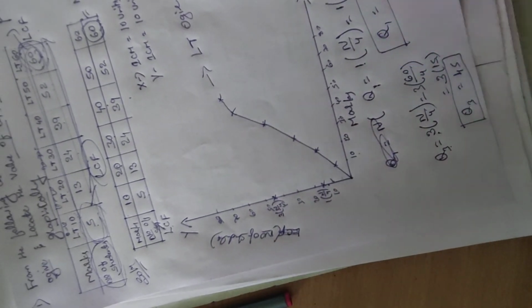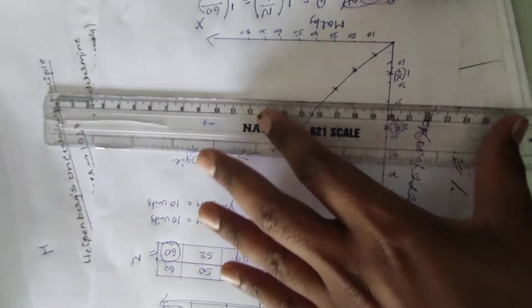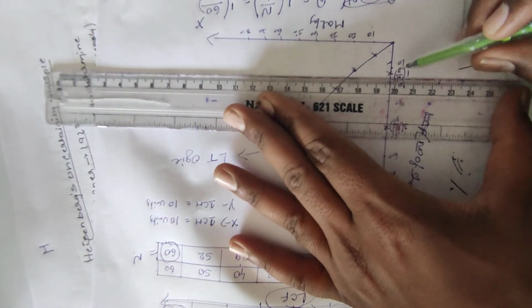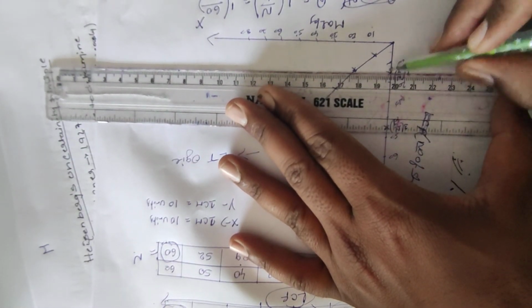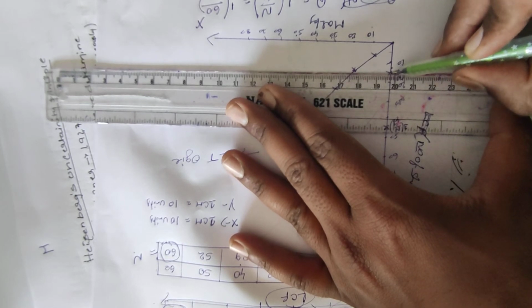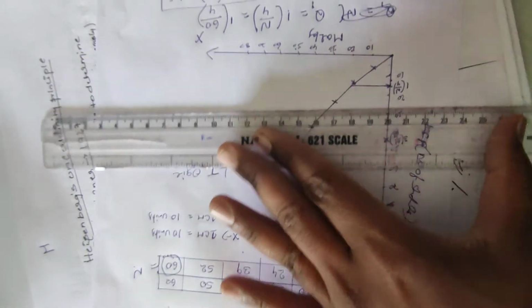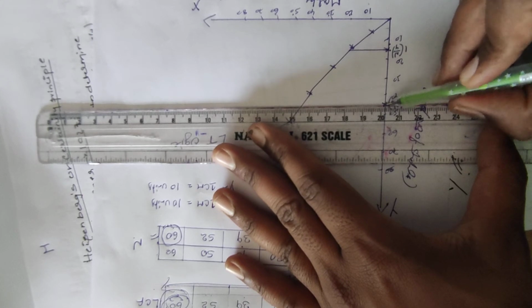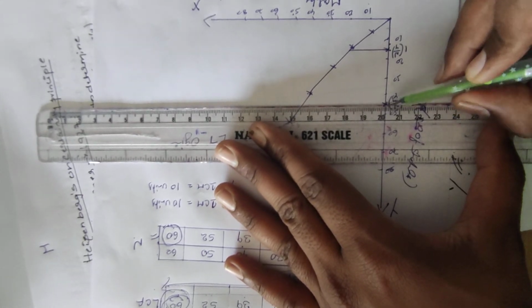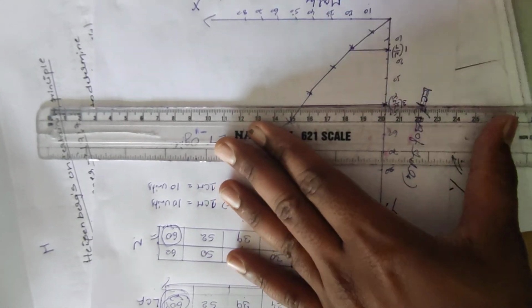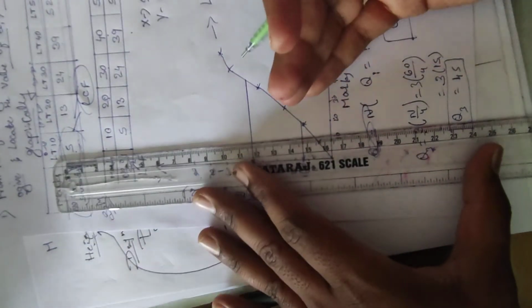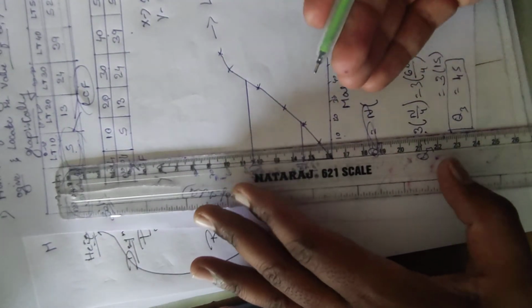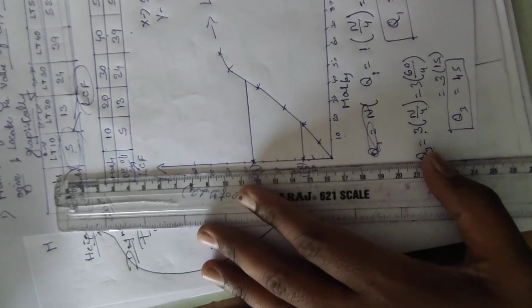Next we have to connect these Q1 and Q3 values to the ogive lines. After connecting, next we have to draw a line connected to the x axis.